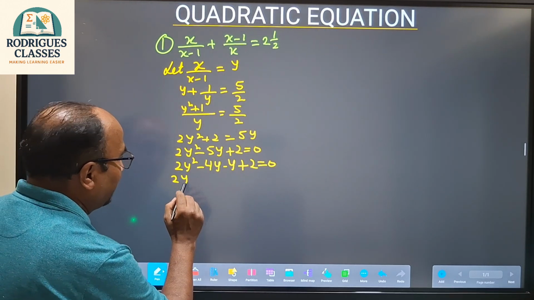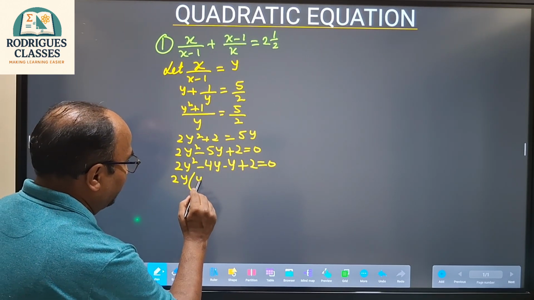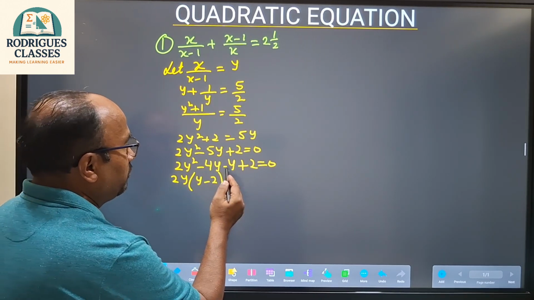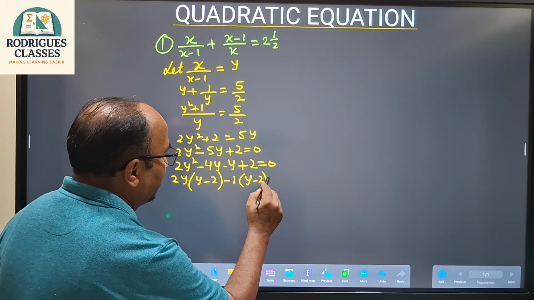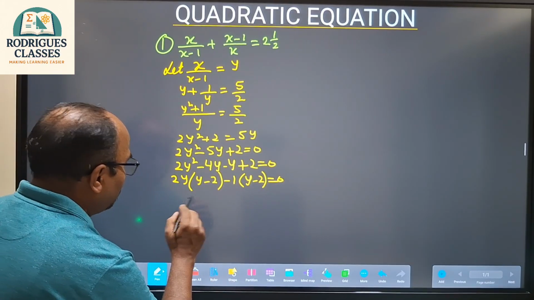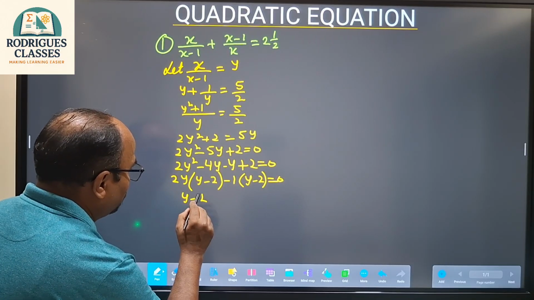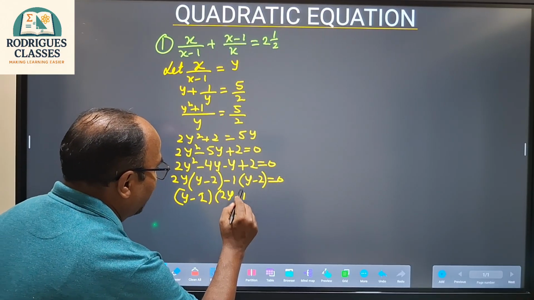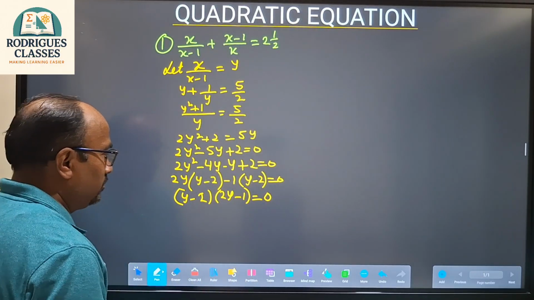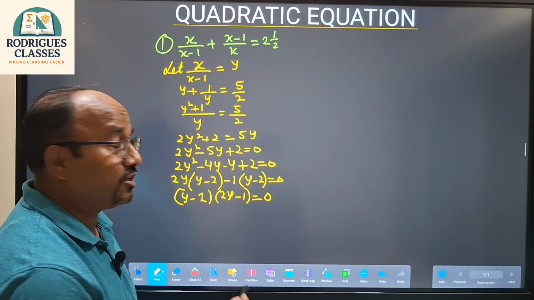So from here we take 2y common, so we are left with y minus 2. From these two you take minus 1 common, so you get y minus 2. And so we have y minus 2 in one bracket and the other bracket will give us 2y minus 1 equals to 0. Now we can make use of the zero product rule.